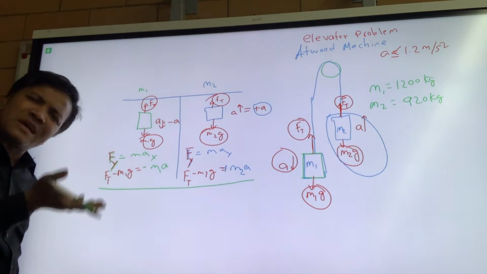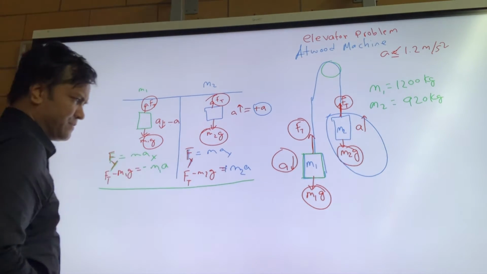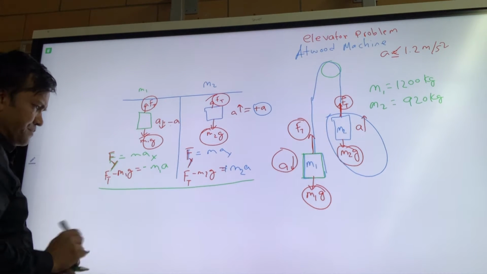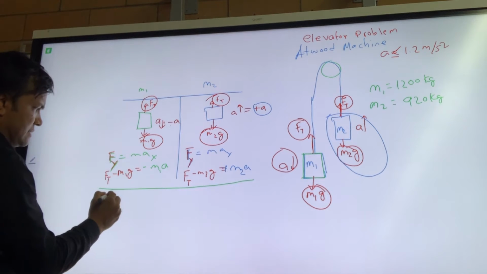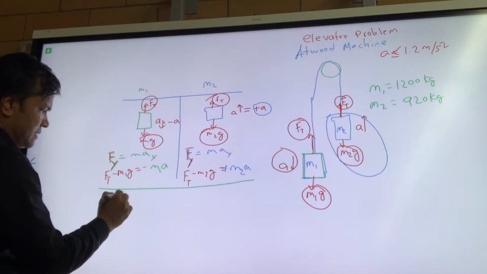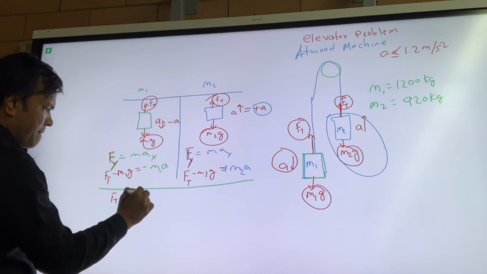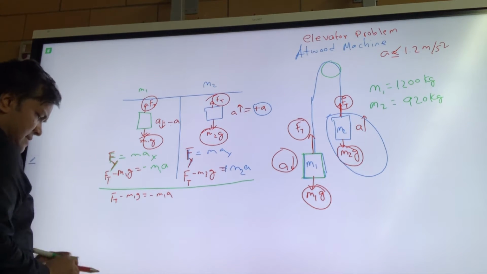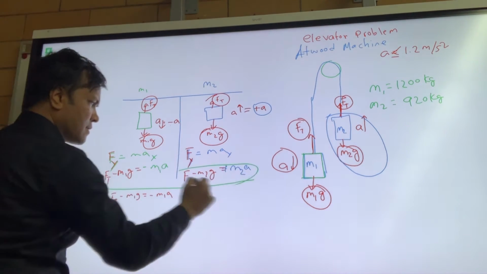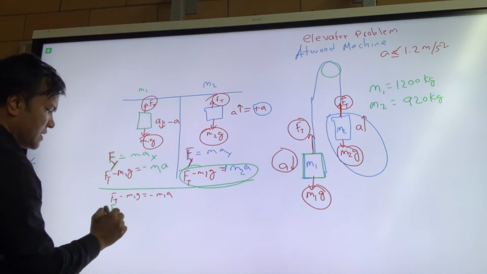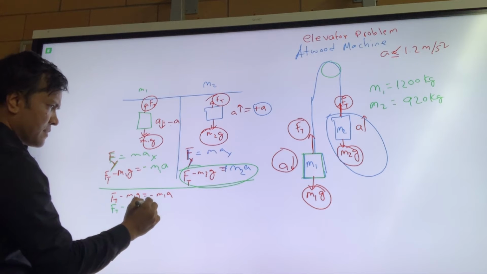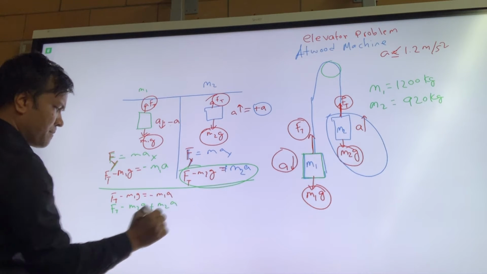All right, so you're going to put one equation on top of the other. Okay, so let's first put this equation: Ft minus M1g is equal to minus M1a, and then put this one: Ft minus M2g equals plus M2a.